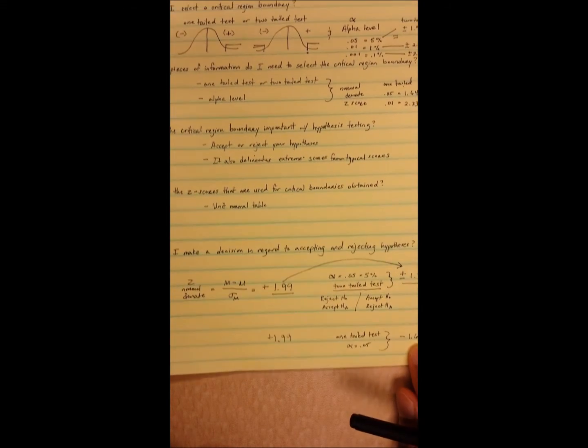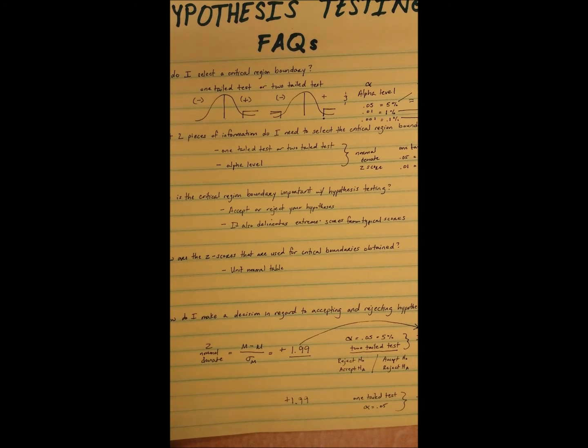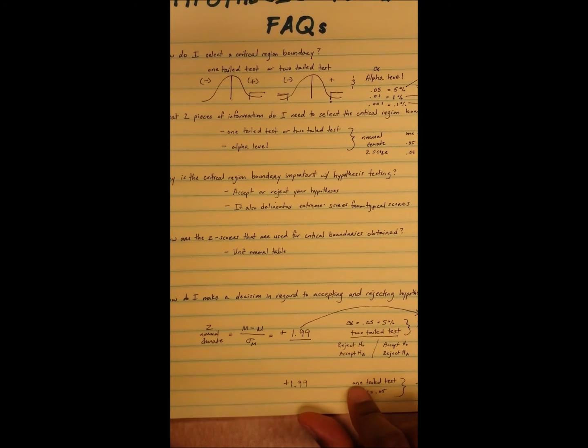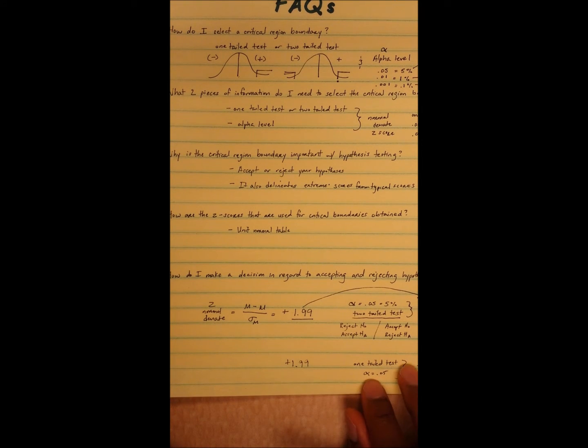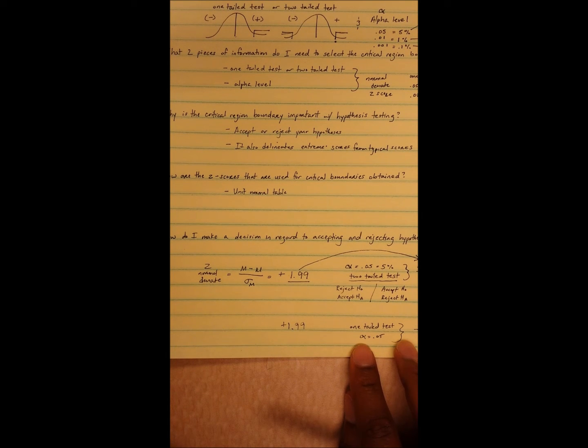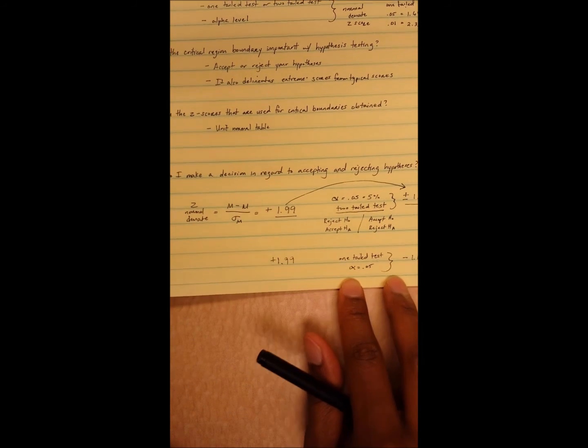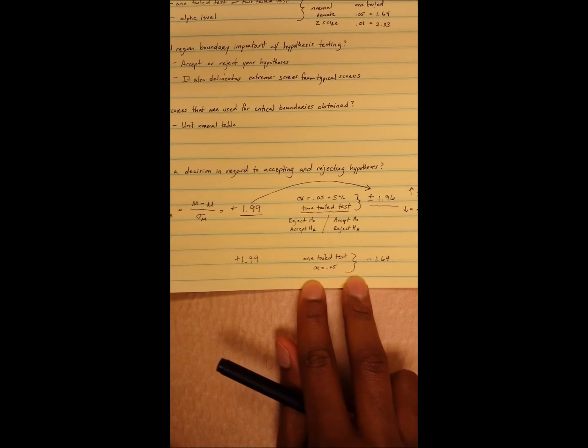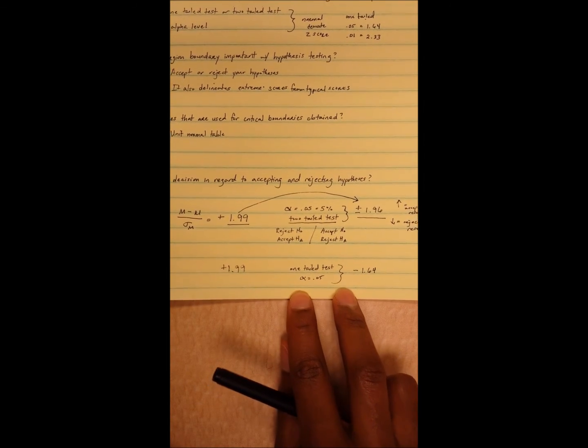Okay. So some hypothesis testing FAQs we've talked about a lot. We talked about how you go about selecting a critical region boundary, what it means, what two pieces of information you need, why the critical boundary region is important, how z-scores used for critical boundaries are obtained, and we also talked about how you go about making decisions in regard to hypothesis testing.